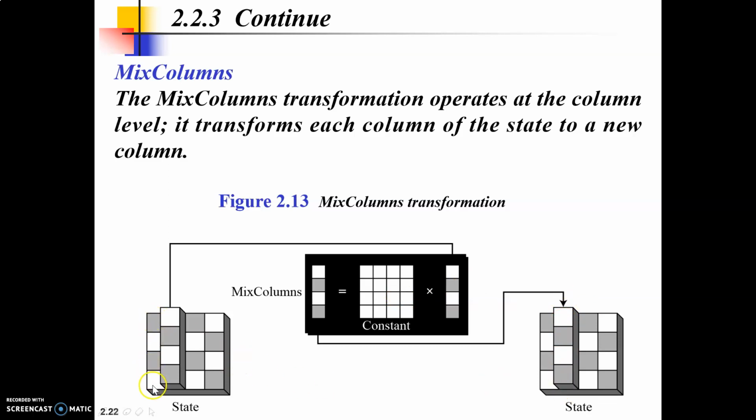Suppose this is the first column. Take the first column, multiply it with this constant matrix, and the result that you get is going to be your first column here. Then the second, third, and fourth columns are multiplied one by one with this constant matrix, and it will result in these new columns of the output state.